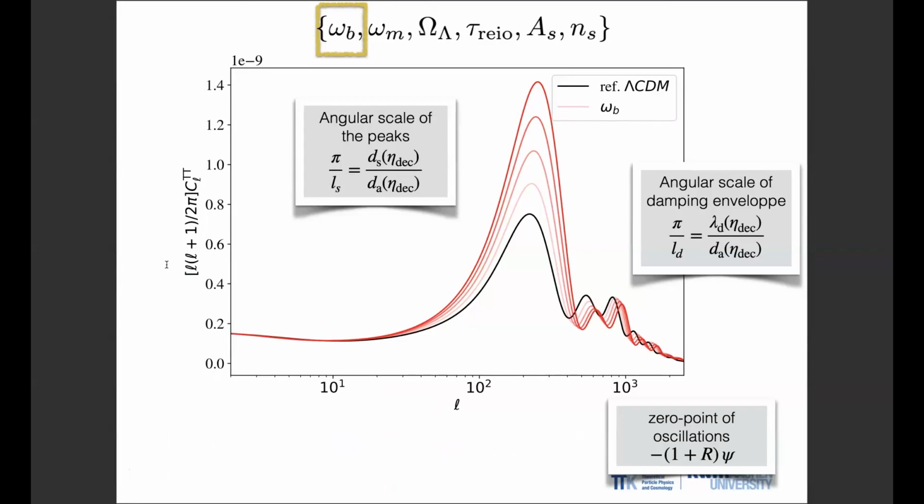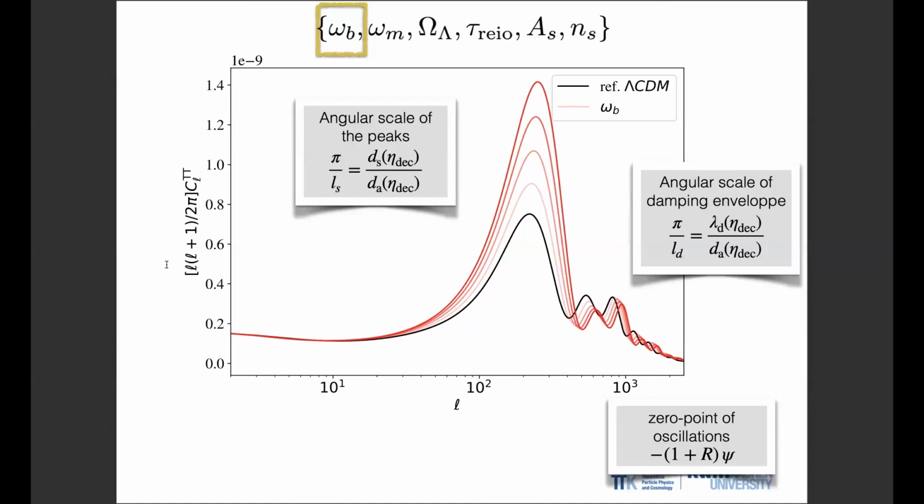And for computing this damping envelope, you can carry exactly the same reasoning as I did. You can say that if I define an angle theta_d, which would be pi over l_D, this angle would be the angle under which we see the diffusion length at last scattering.